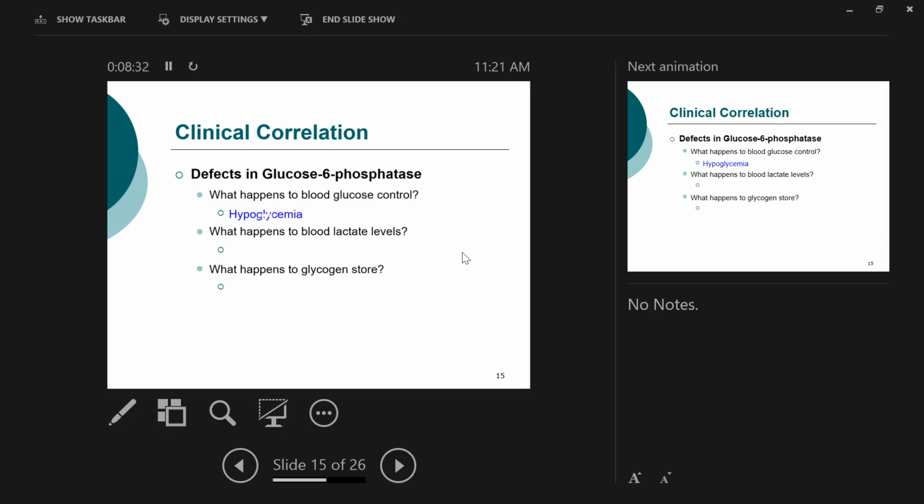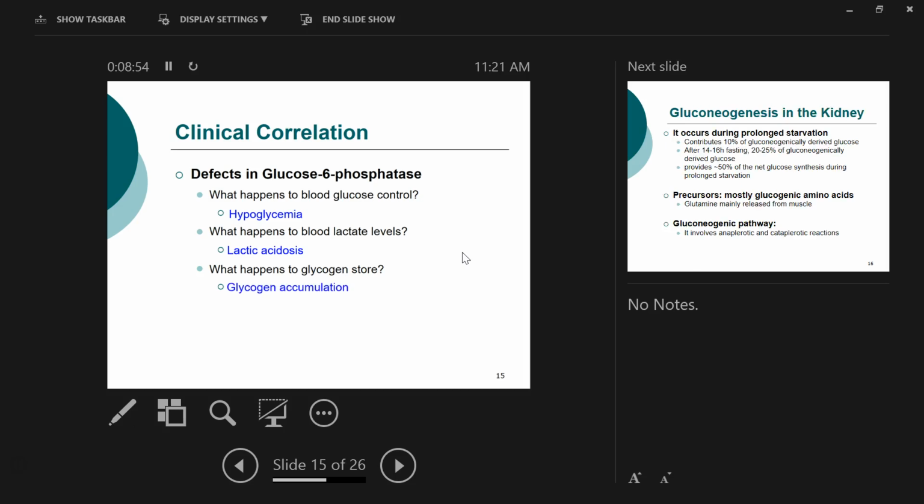The glucose 6-phosphatase is a different issue in terms of the glycogen store. Similar to the PEP-CK deficiency, glucose 6-phosphatase deficiency can also cause hypoglycemia and increased lactate, right, which is understandable. But it actually causes glycogen accumulation, and the reason, if you still remember, is that glucose 6-phosphate accumulates if we don't have glucose 6-phosphatase to convert it to glucose.